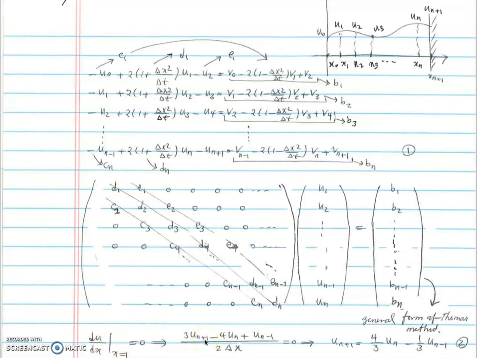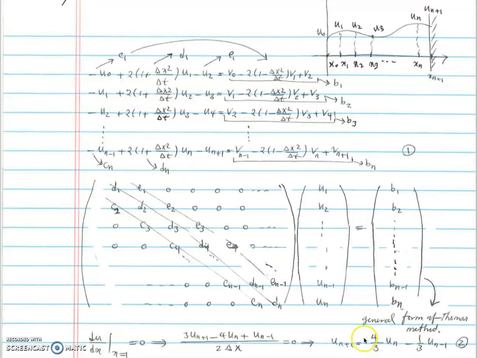That is the second order approximation to the first derivative. I actually put that at x equal 1. Now, if this is 0, the numerator has to be 0. So you set the numerator equal to 0. You can solve for un plus 1 from here. So then un plus 1 becomes 4/3 un minus 1/3 un minus 1.